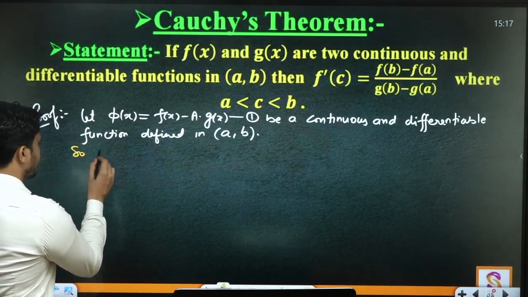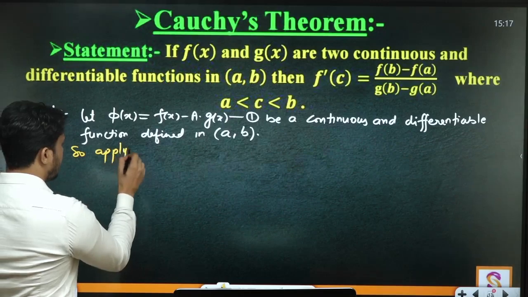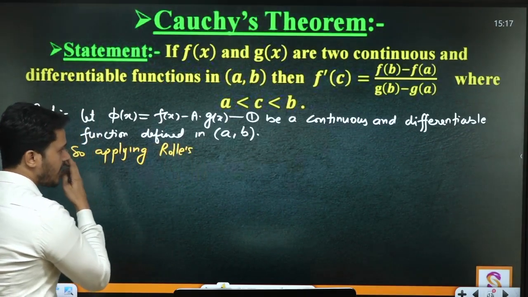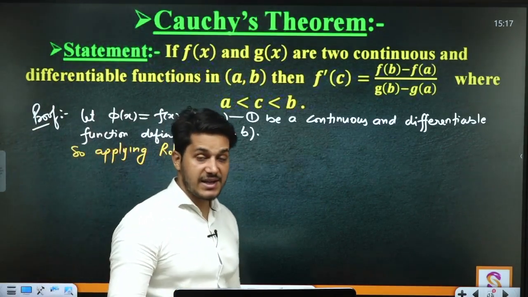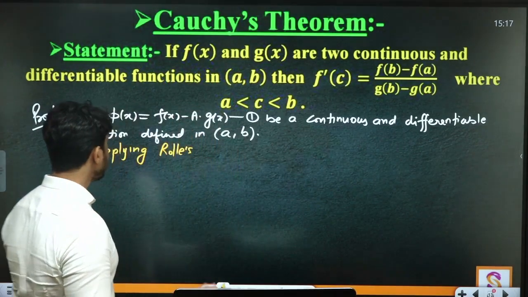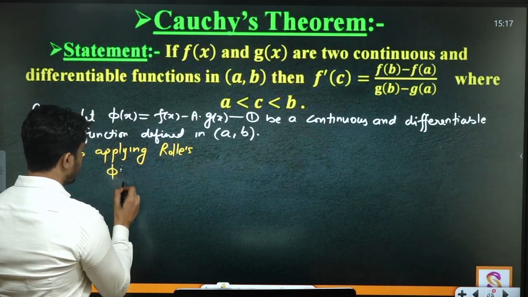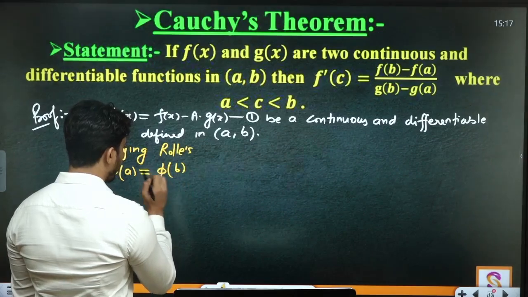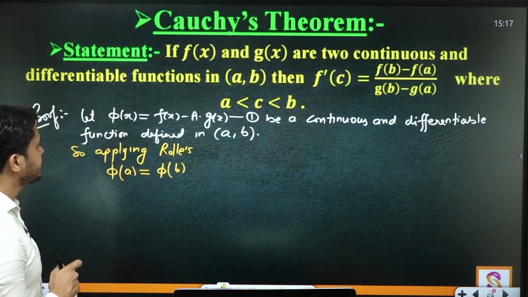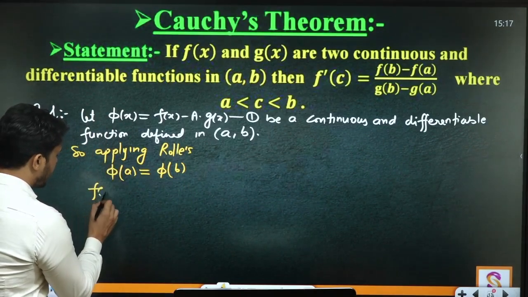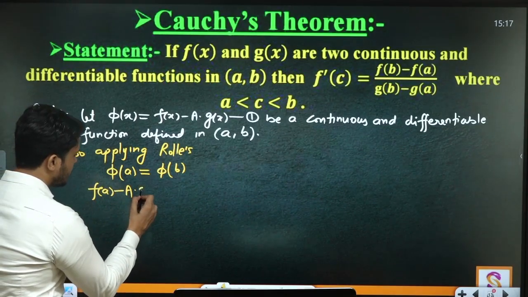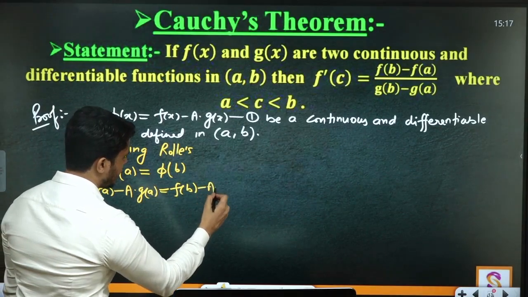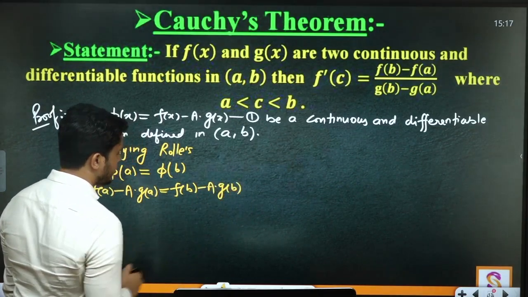So applying Rolle's theorem. देखो ये दोनों theorems Rolle's theorem को अप्लाई किए बिना सॉल्व नहीं होती. एप्लीकेशन Rolle's theorem का ही होगा यहाँ. कैसे? phi a is equal to phi b. Means fa minus capital A into ga is equal to fb minus capital A into gb.